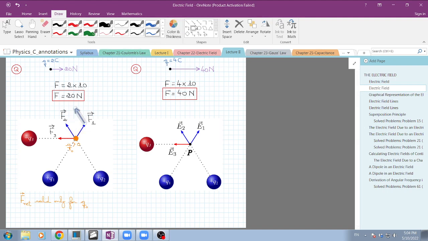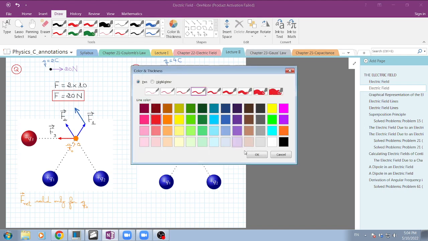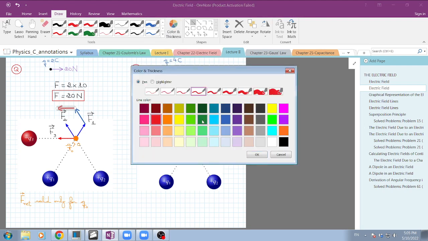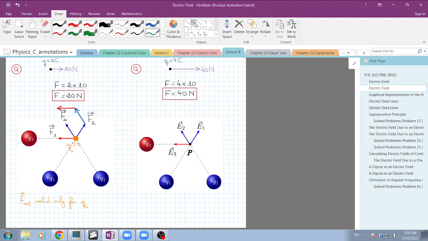You have the resultant for this one, place the vector here, and the resultant is the net force on this particle.